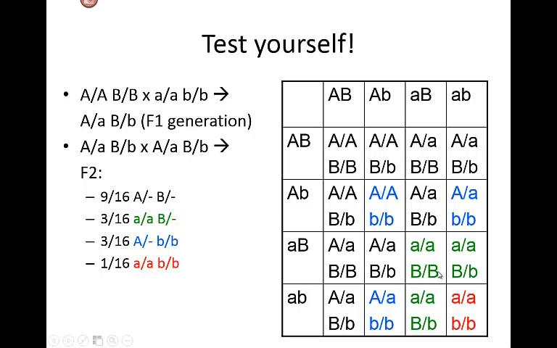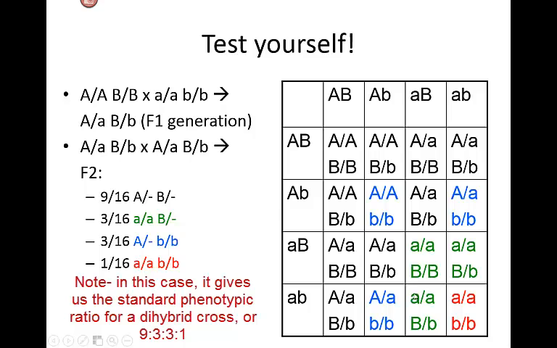You can see in green here, 3 out of the 16 are going to have 2 lowercase a's, so they're going to be recessive for A, and at least one capital B, so they're going to be dominant for the B trait. 3 of them out of 16 are going to be dominant for A, with at least one capital A, but recessive for B, with 2 lowercase b's. And then 1 out of the 16 is going to be recessive for both traits. They have both lowercase a's as well as lowercase b's.